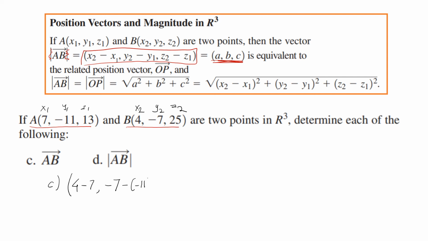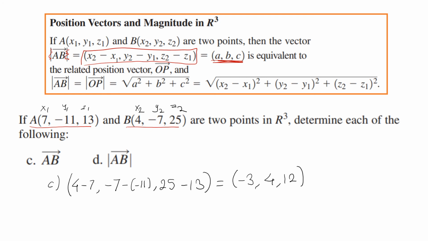So that's going to be going inside the bracket. The next thing is z2, which is 25, minus z1, so 13. Now when I add these all together, I get a value of -3 for my x coordinates, 4 for my y coordinates, and 12 for my z coordinates. And that's it for my C portion.